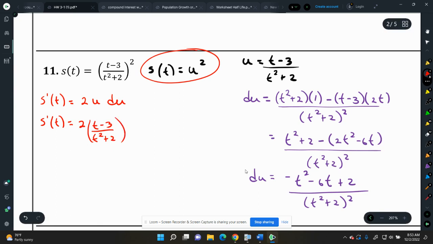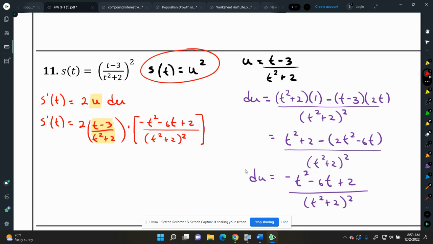That's u. Times du, which is negative t squared minus 6t plus 2 over t squared plus 2 squared. Okay, just take a minute to make sure we didn't make any mistakes there.